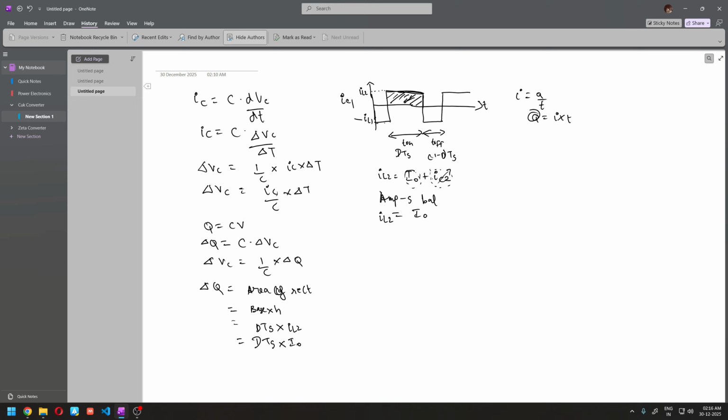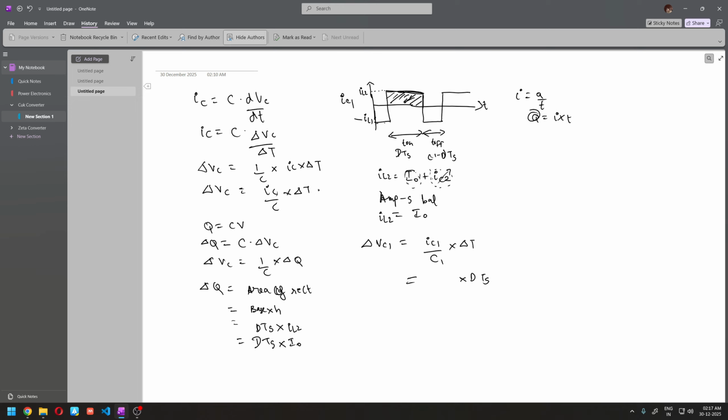Now that we have this, let's go back and substitute it into this delta VC equation. So delta VC1 is equal to IC1 divided by C1 into this. And we know that delta T is dTs, same as before in the on state.